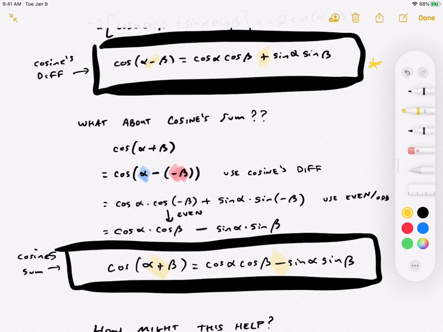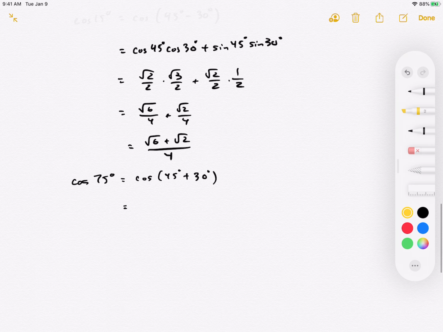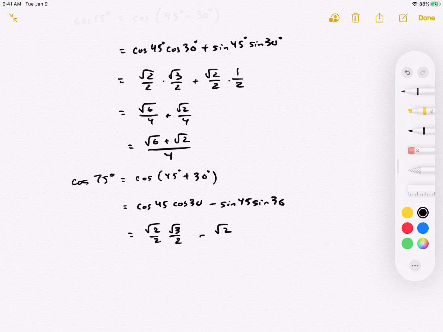It's a little backwards of the way you would wish it would be, but that's how it is. So that means cosine of 45 plus 30 is equal to cosine of 45, cosine of 30, minus sine of 45, sine of 30. And of course, this will follow exactly like the problem above with the noted difference of a minus sign between the terms. So we get root 6 minus root 2 over 4.